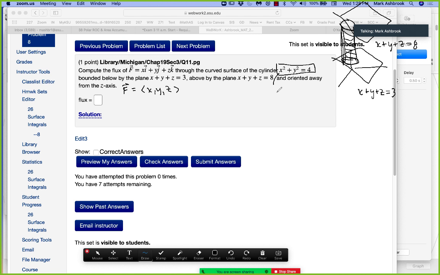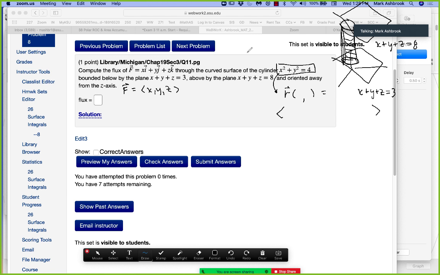So now we need to parameterize this, and we want to choose very wisely, like we've worked on. What two variables are we going to choose to parameterize a cylinder, x squared plus y squared equals 4? R and theta?